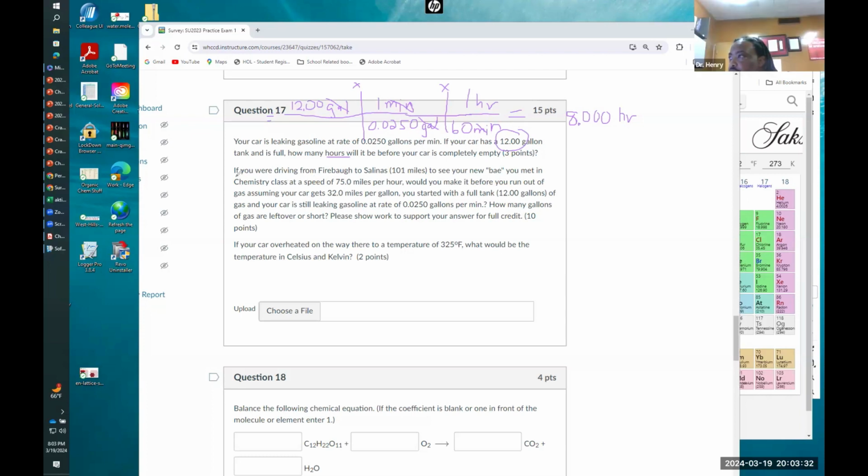Okay, so if you're driving from Fireball to Salinas, which is 101 miles, to see your new bae you met in chem class, at a speed of 75.0 miles per hour. Would you make it before you run out of gas, assuming your car gets 32 miles per gallon?